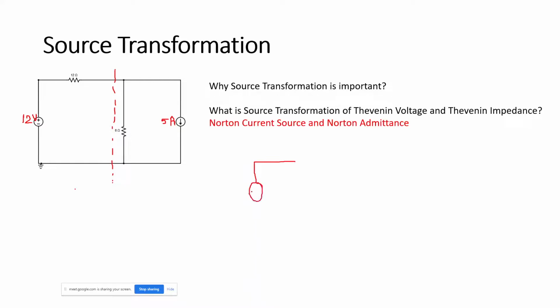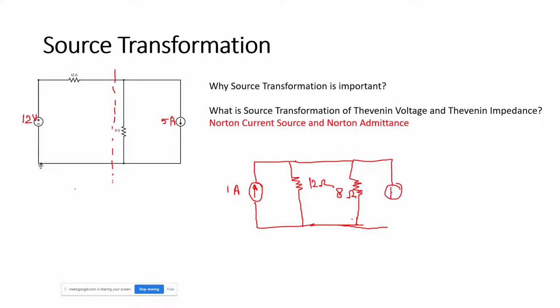I am transforming it into 12 volt by 12, so it's a 1 ampere source in parallel with 12 ohms, and you have another eight ohms in parallel, and there is a 5 ampere source. Now the problem is much easier.